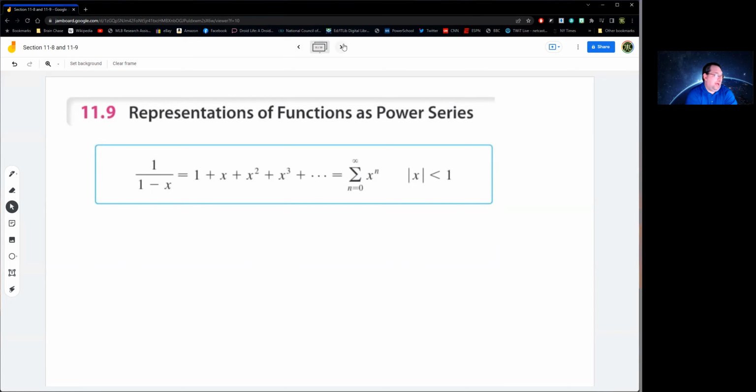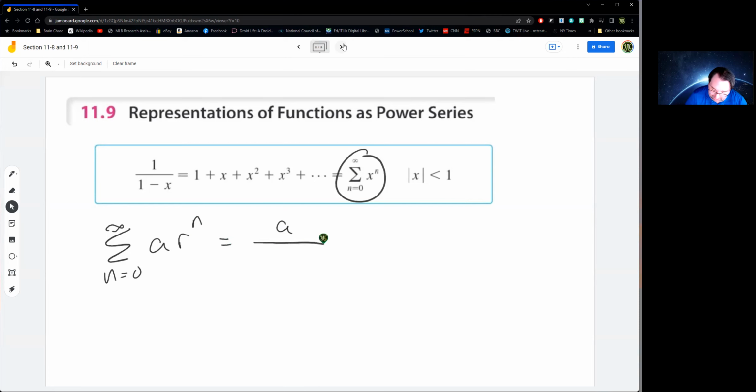Now, somebody's going to say, well, how do we know that? Because this right there is a geometric series. And remember, the geometric series of a r to the n goes to a over 1 minus r. So that was the geometric series.